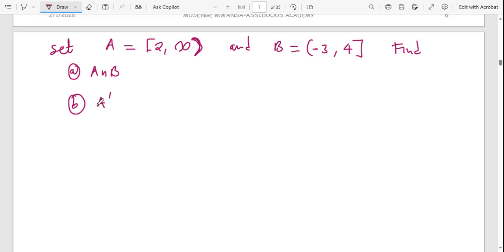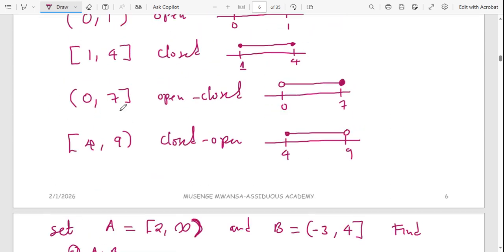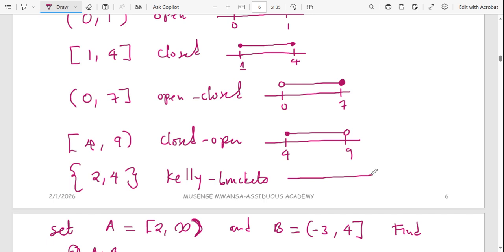Now, one more thing I want you to know is when you use curly brackets like this, 2, comma 4. So for the curly brackets, they represent elements, not a range.